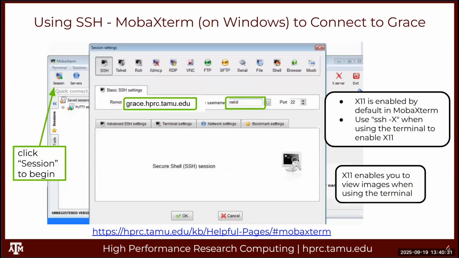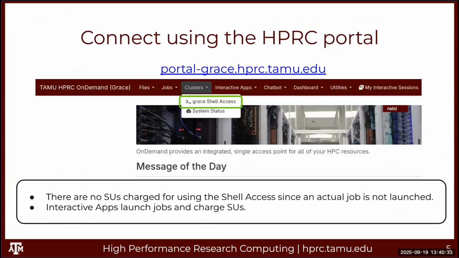All right, so we were going to use Grace, but does everyone here have an access ID? Did you get an access ID? Okay, so we're going to use Launch instead. It'll be a lot quicker. Grace is having some issues this week. So instead of going to Grace, we're going to go to Launch.